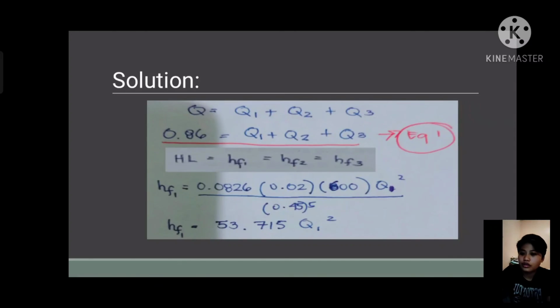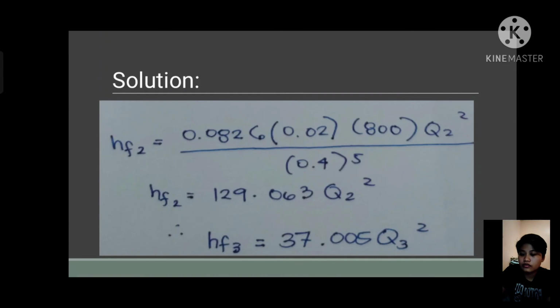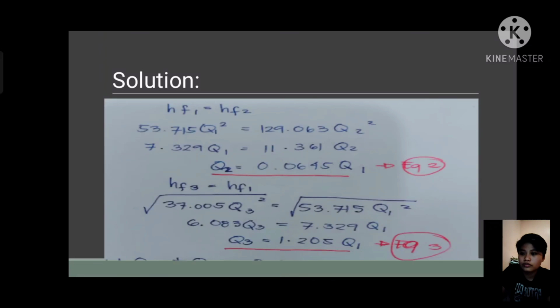So for HF2, substitute everything for pipe 2, come up with an answer of 129.063 Q2 raised to 2. So as well as HF3, substitute everything and we can come up with a value of 37.005 Q3 raised to 2.